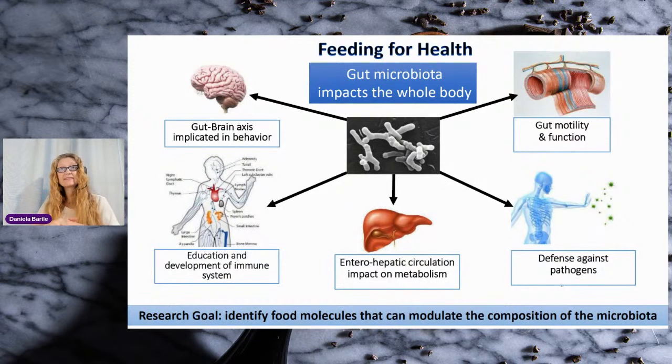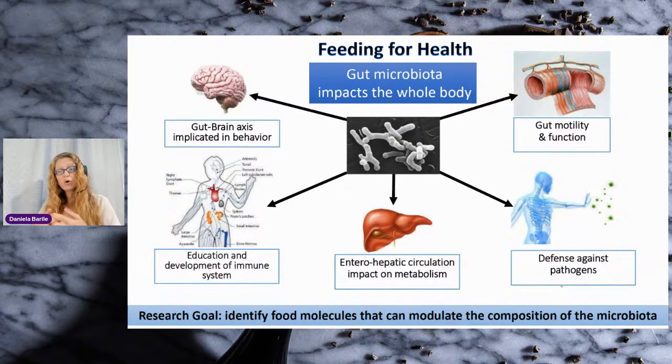Because as we see in these slides, the effects of the gut microbiota are not just restricted to the intestine, but in fact they affect the whole body, right? From gut-brain axis, behavior, feeding habits, immune system, liver, insulin, defense against pathogens. So many important activities which determine our health or disease status.